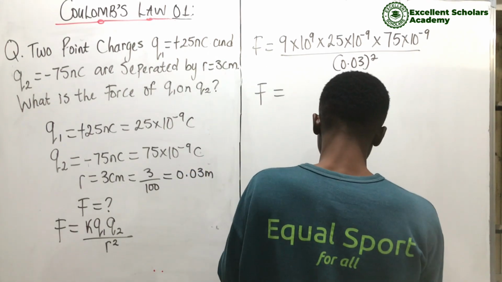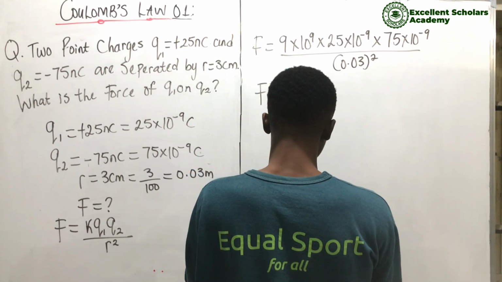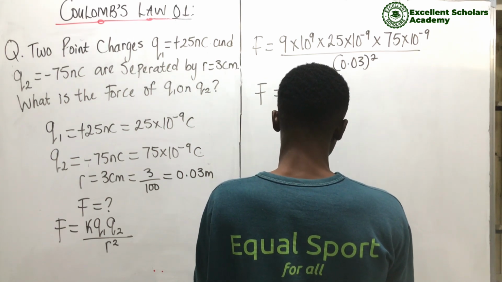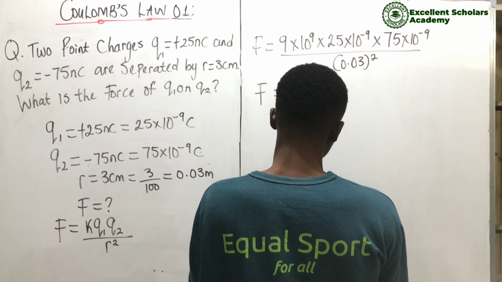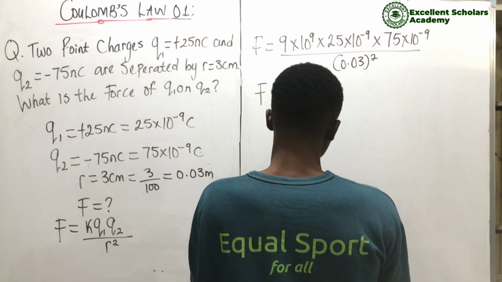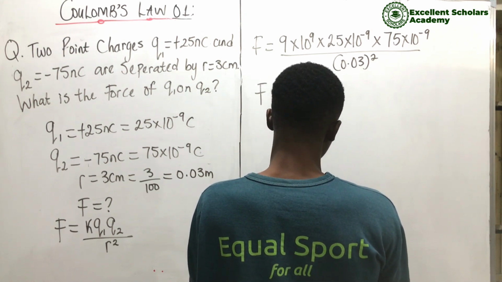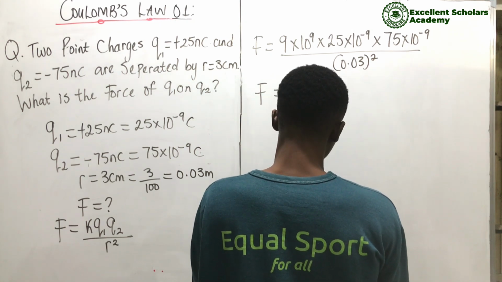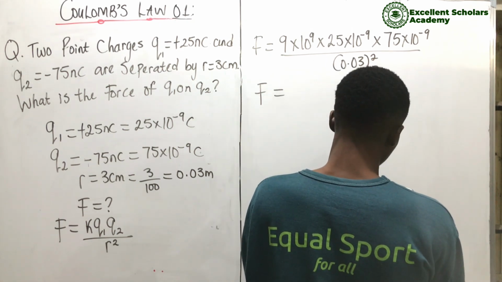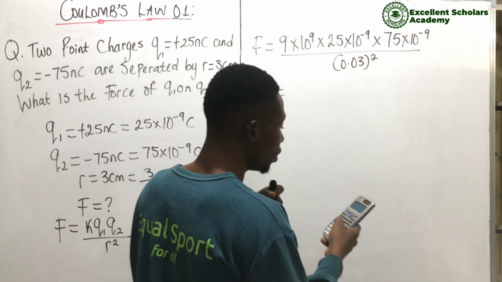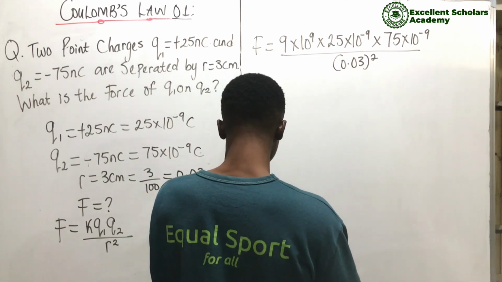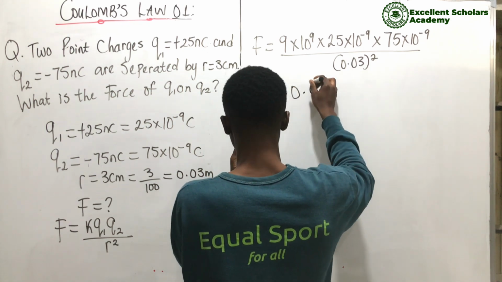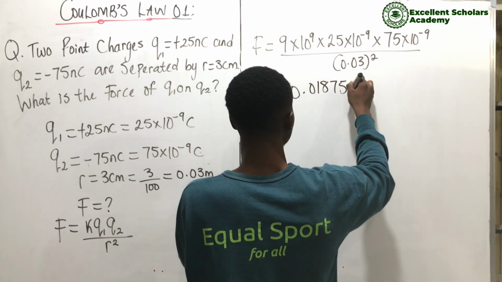So F is going to be equal to, now using our calculator to get this value, we have 9 times 10 to the power of 9 times 25 times 10 to the power of minus 9 times 75 times 10 to the power of minus 9 over 0.03 squared. Okay, so that gives us 0.1875 Newton.